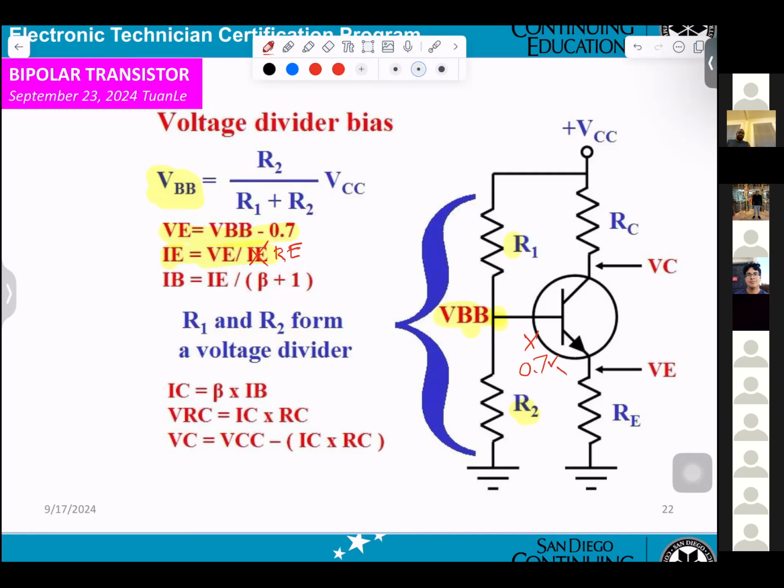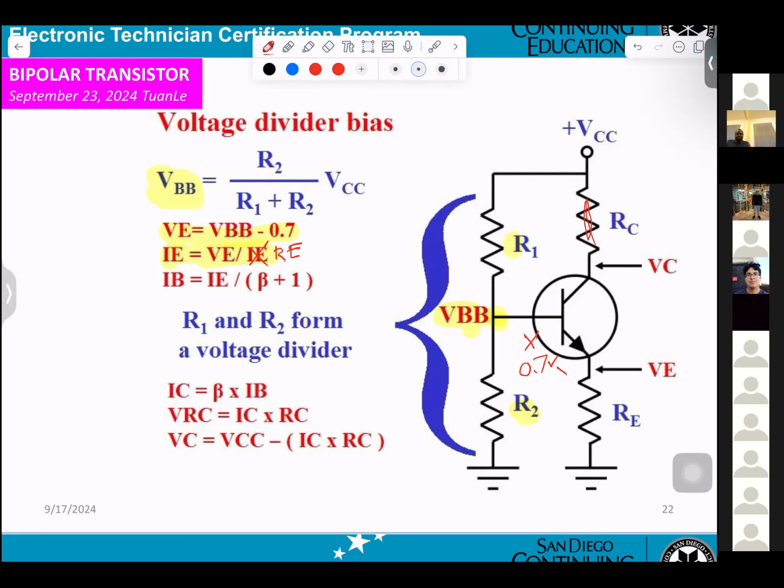R1, R2 form a voltage divider. So if you want to get the IC, IC equals beta times IB. VRC, that means the voltage here, VRC equals IC times RC.